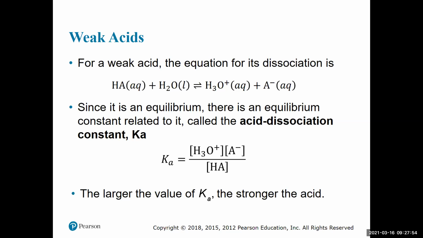So the larger the Ka value, the stronger the acid. That makes sense. If this number is big, then that means our numerator is bigger than our denominator. What's in the numerator? It's H3O plus, right? That means that's probably a big number. And so that tells us the higher that number, the stronger the acid.